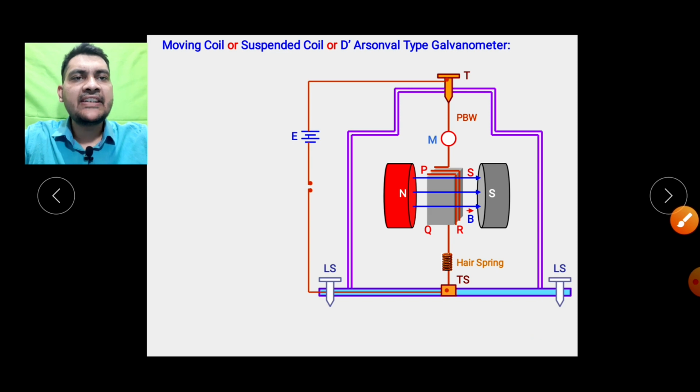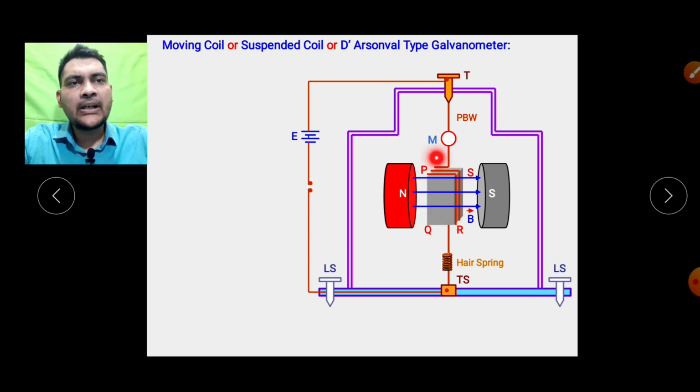So when we switch on the current, when current starts flowing in the galvanometer, what happens? When current flows in this coil, the coil experiences torque because of the magnetic field.